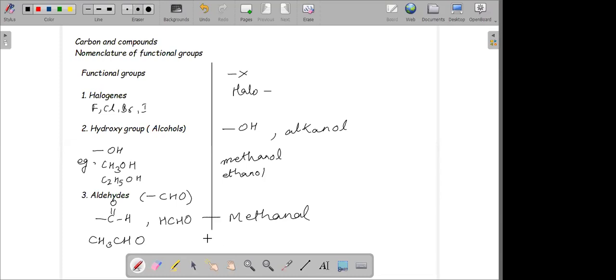All of you draw the structure of ethanal. Draw the structural diagram for ethanal and show.